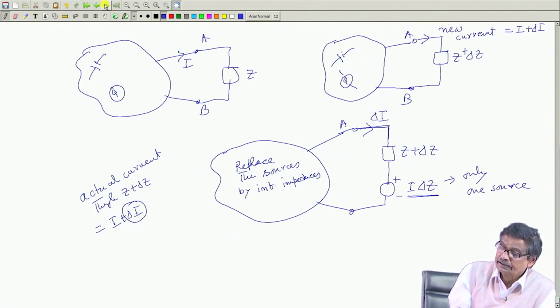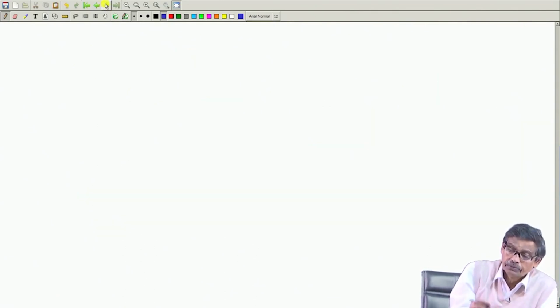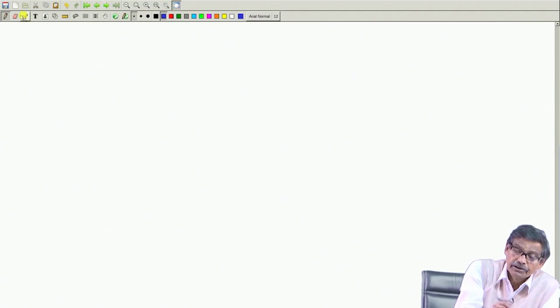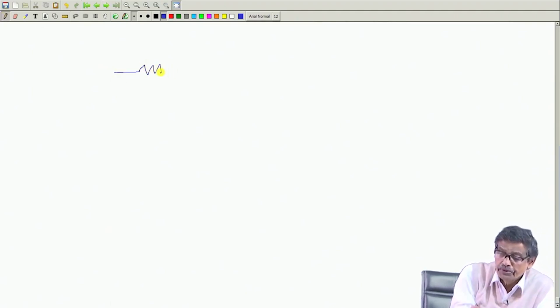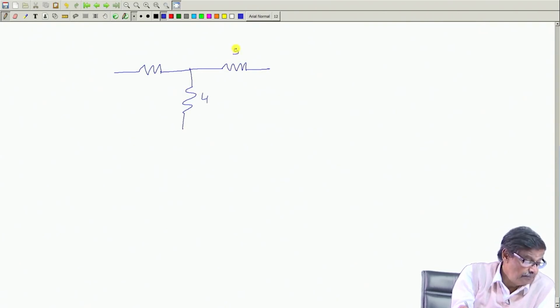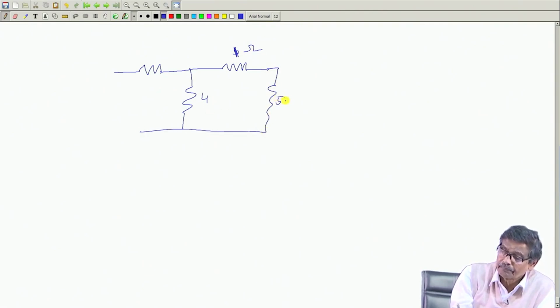Take a numerical example to calculate this. I will take a very simple example. Suppose you have a network, that previous network only, let me say 4 ohm, this is 5 ohm, 1 ohm, and this is 5 ohm.